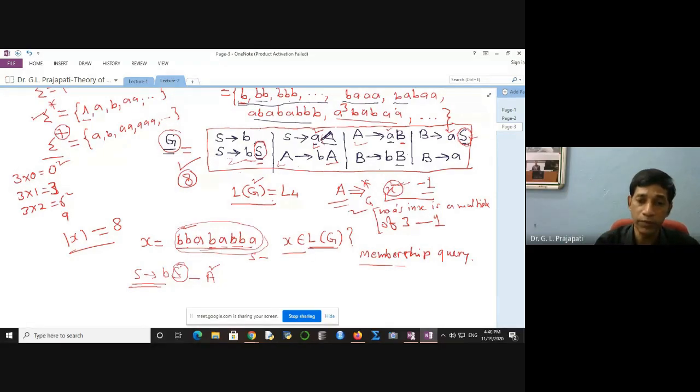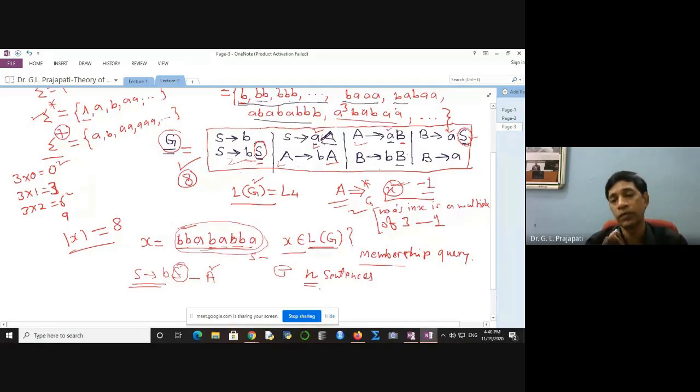Next, if you are given some sentences, instead of listing all sentences, and someone asks, okay, I have n sentences and I don't know what the rules are to obtain these sentences. Can you construct the grammar for these sentences?